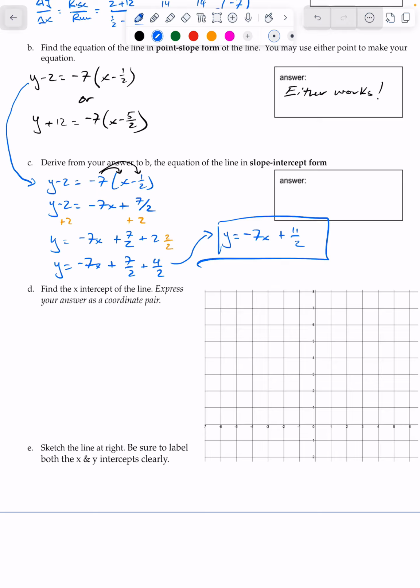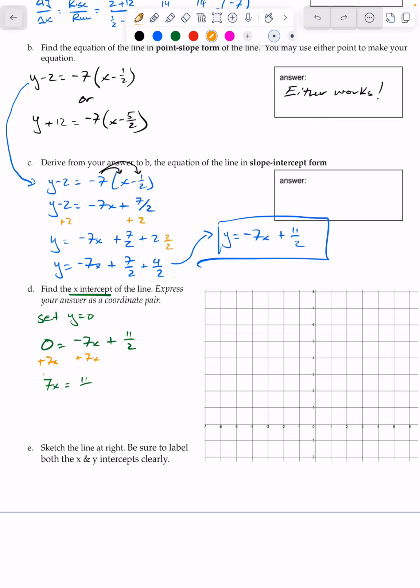All right, find the x-intercept of the line. So what we do to find the x-intercept is we set y equals 0. So we have 0 equals negative 7x plus 11/2. Sorry, this is getting a little wiggly. Add 7x to both sides. We'll have 7x equals 11 over 2.